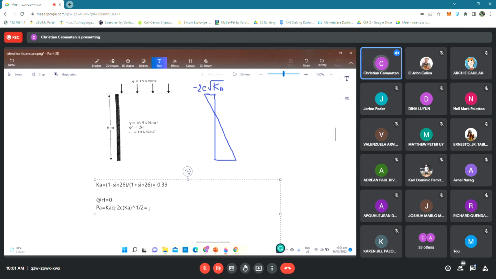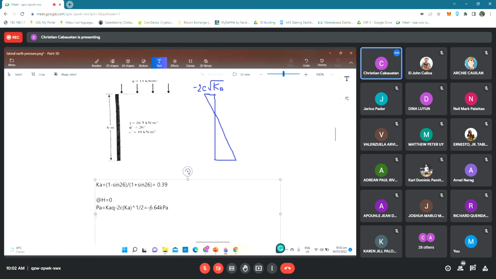Ka times Q minus 2C times the square root of Ka equal to negative 6.64 kilopascal. It should be negative.